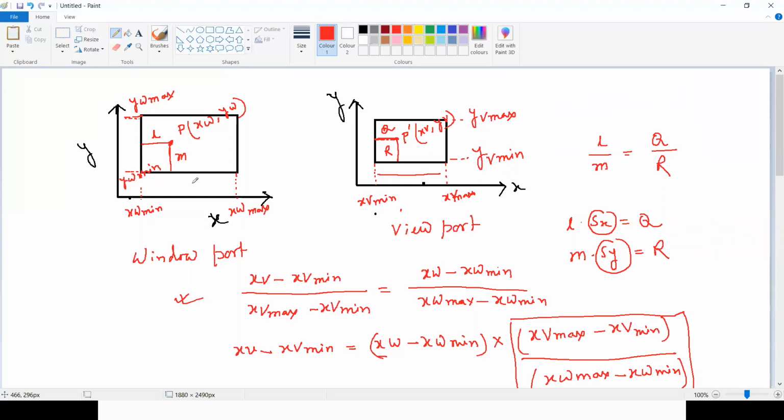We get the xy value for the same point in the viewport, and then we can construct the image in our display device. So this is called the window port to viewport transformation. Clear?